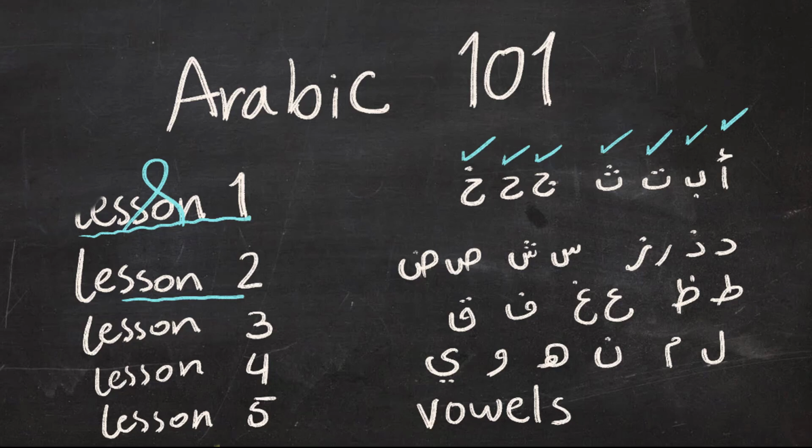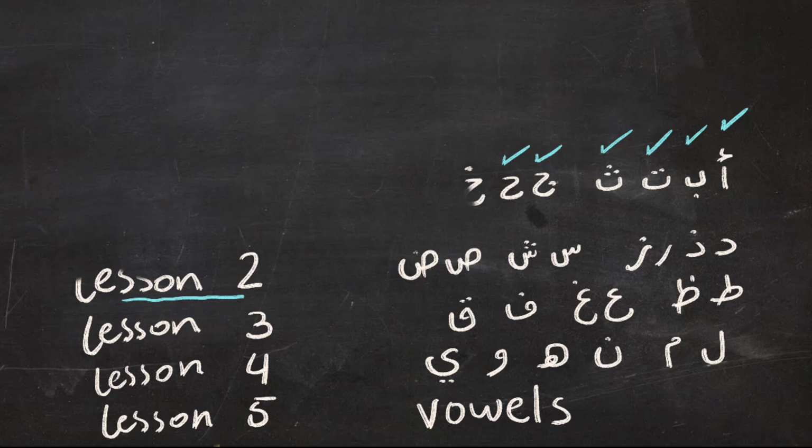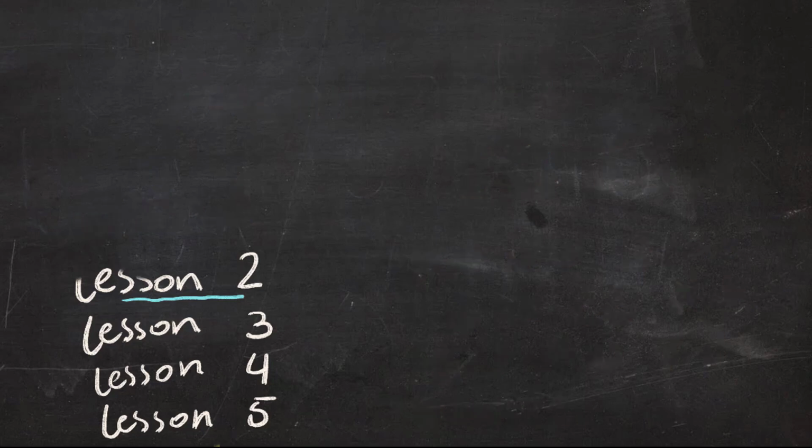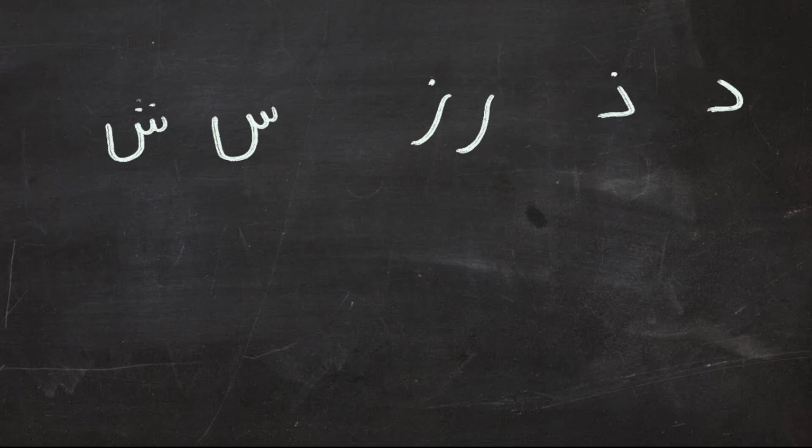In lesson 2, we're going to have a look at the following 8 letters of the Arabic alphabet. These letters will be Dal, Dhal, Ra, Zay, Sin, Sheen, Sad, Dad.